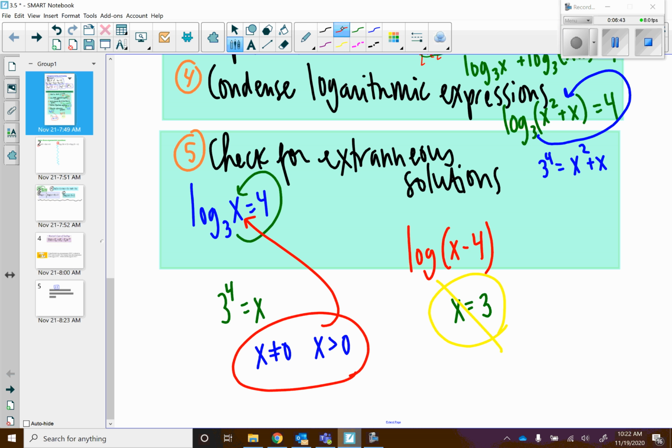Why? If I plug it in, log of 3 minus 4, I would have log of negative 1. This can't happen. I cannot take the log of a negative number. So check for extraneous solutions.